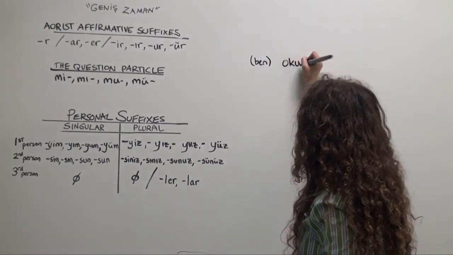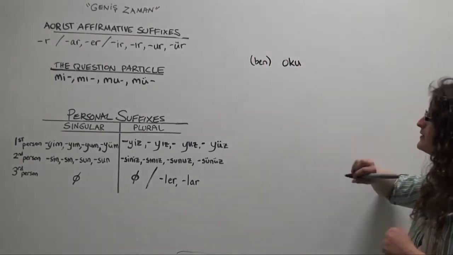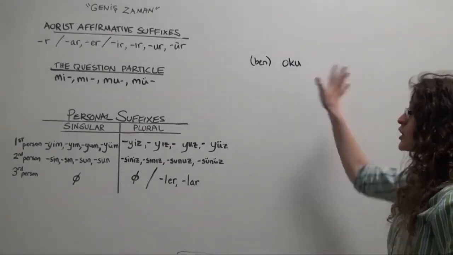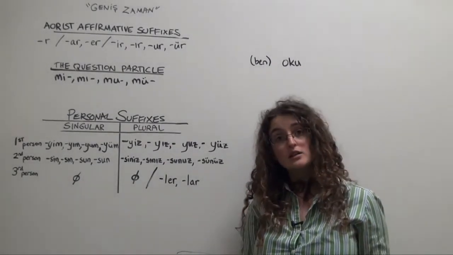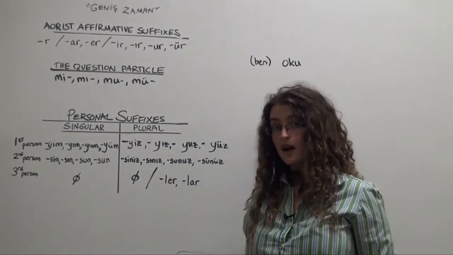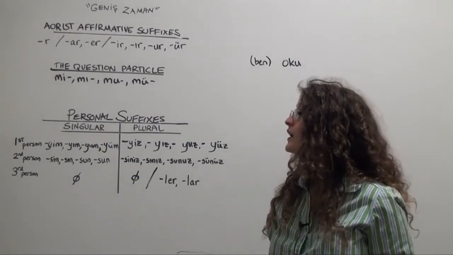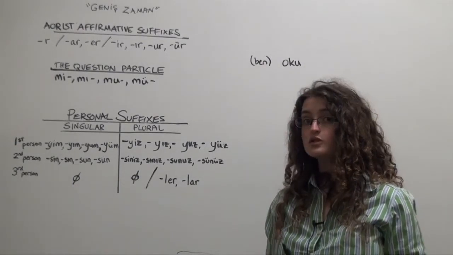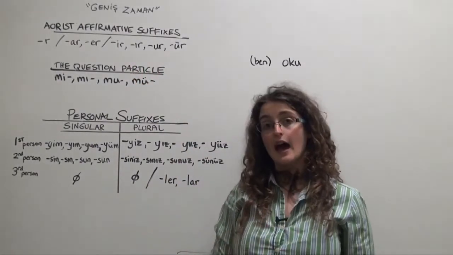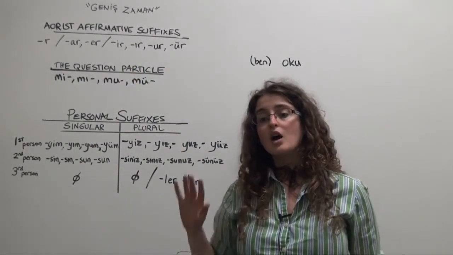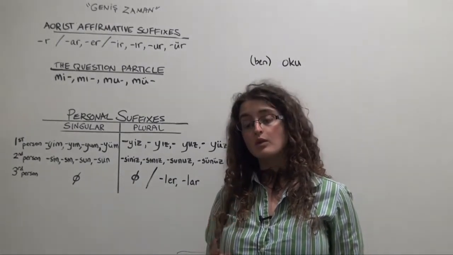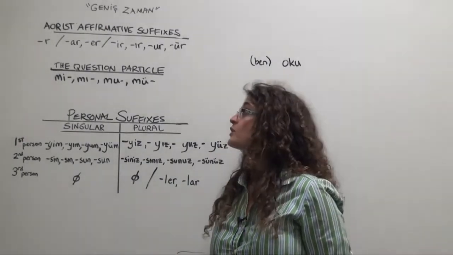Oku, our verb stem, optional pronoun, then I, oku, and to the verb stem we'll add the appropriate form of the aorist affirmative suffix. Now, this is covered in more detail elsewhere, but remember, when you're choosing which version of the aorist affirmative suffix to add to a verb, almost all but 13 Turkish verbs will fall into one of three categories.